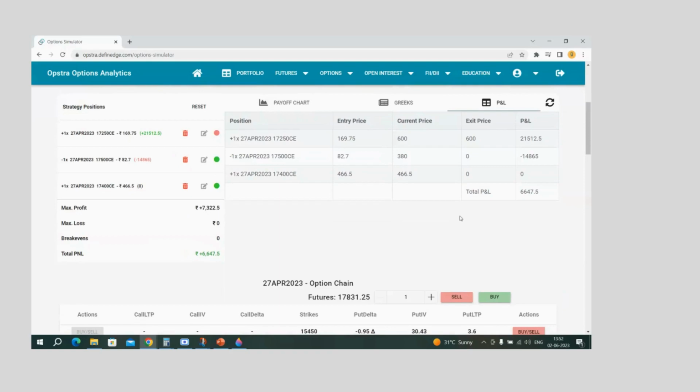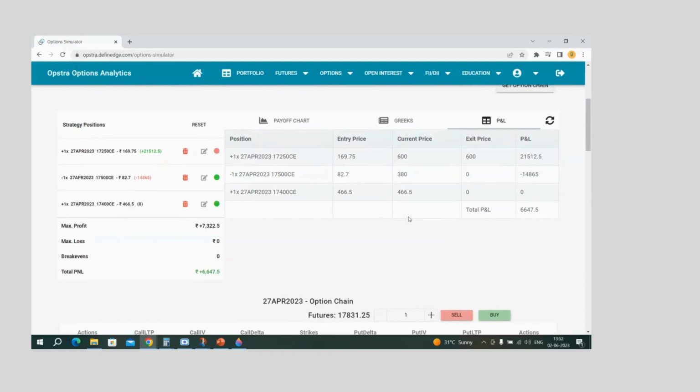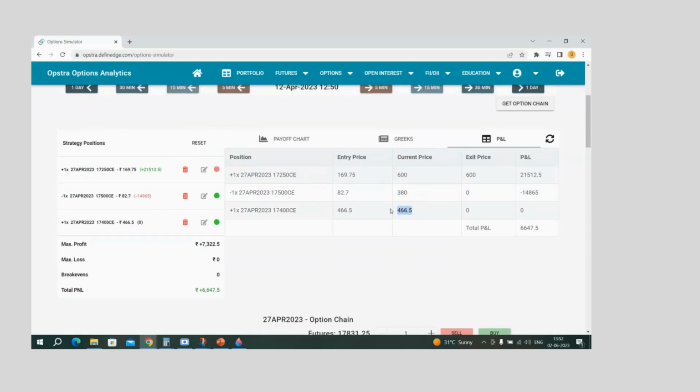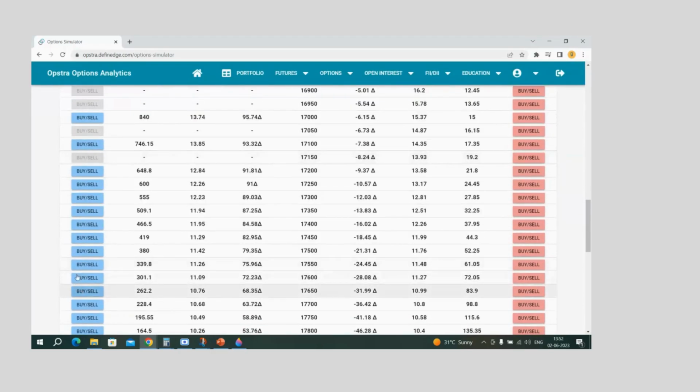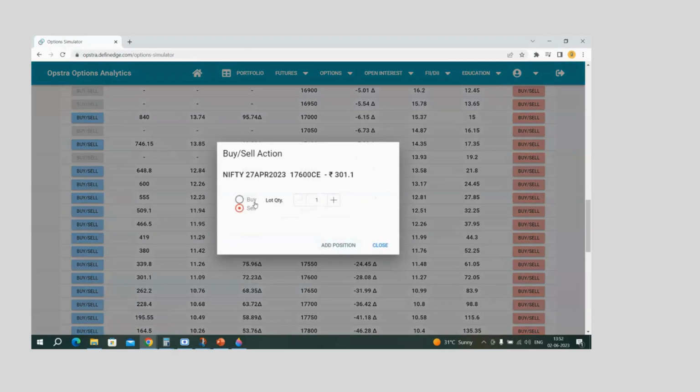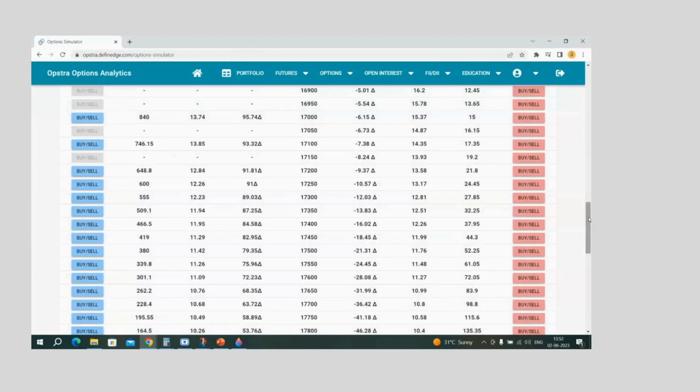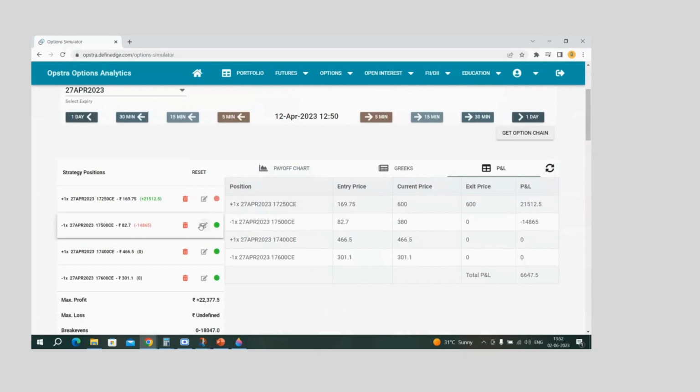So at the money is 17,800. What I'll do, I will go a little away to increase this profit, maybe one or two strikes away. So I'll buy at 17,550, 600. Yeah, and let's see how the payoff graph looks when we do this.